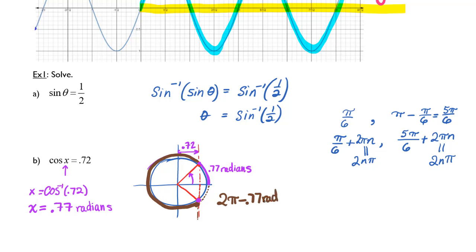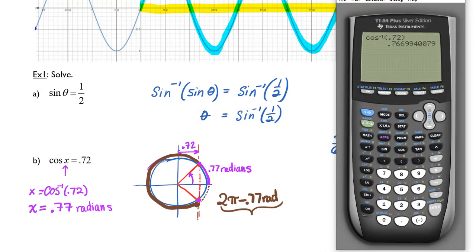So 2 pi radians minus 0.77 radians will give me the distance in the fourth quadrant that I must travel around the outside edge of the circle, or the angle for which I will get 0.72 in the fourth quadrant. So I'll take 2 pi and subtract the previous answer I got, and my other answer is 5.52.